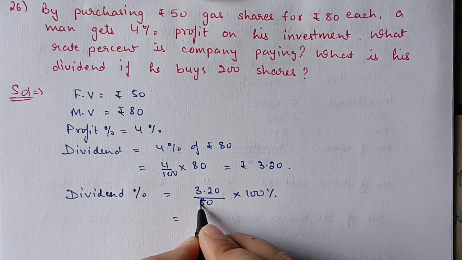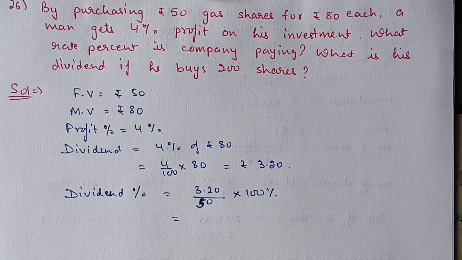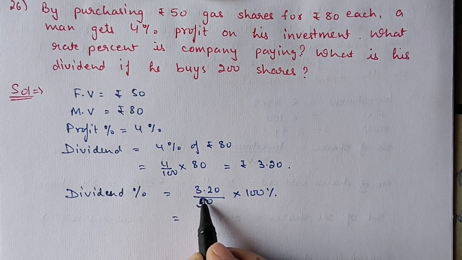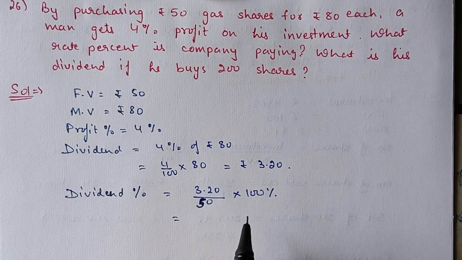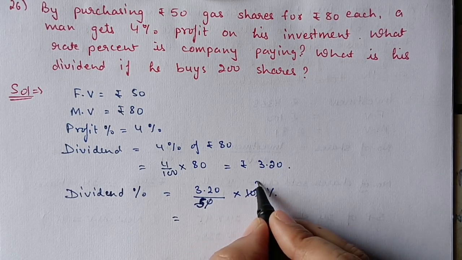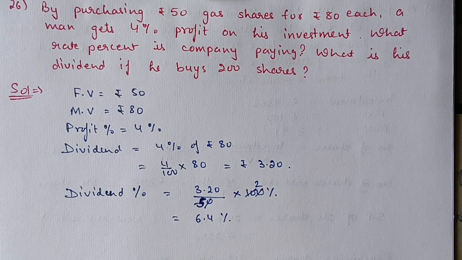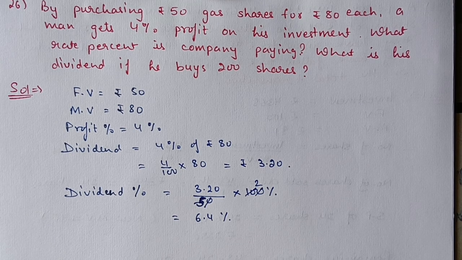Sorry, this we will take for 50 rupees because dividend we have to calculate for face value, not for the market value. So dividend percentage for face value, we will take here 50 rupees. Then after calculation we will get 6.4% dividend. It means the dividend rate is here 6.4%.